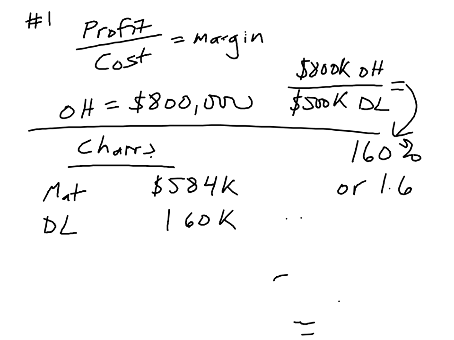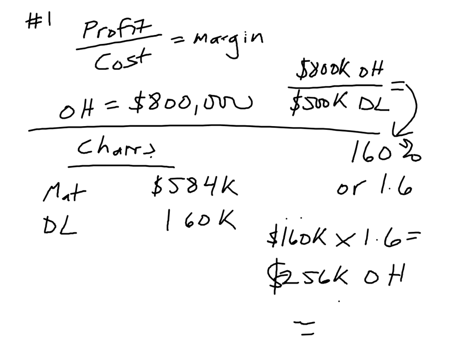Okay. So that means that for every dollar of direct labor that you incur, you're going to incur $1.60 of overhead. All right. So in the case of chairs, you have direct labor of 160K, and if you multiply that by 1.6, you get 256,000 in overhead. All right.